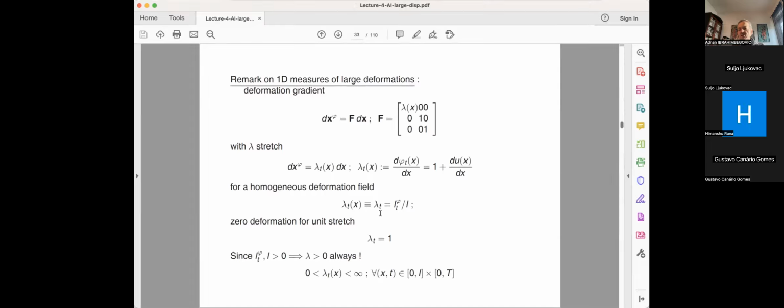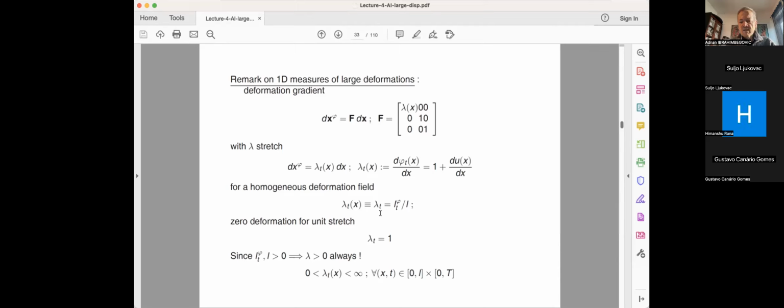So stretch is really an intrinsic measure of deformation, the easiest to visualize, but not necessarily the easiest to compute. So often, when we define the behavior of a material, we can go for these stretches, but then we have to learn how to compute this efficiently. And that I'll show you as we go along.